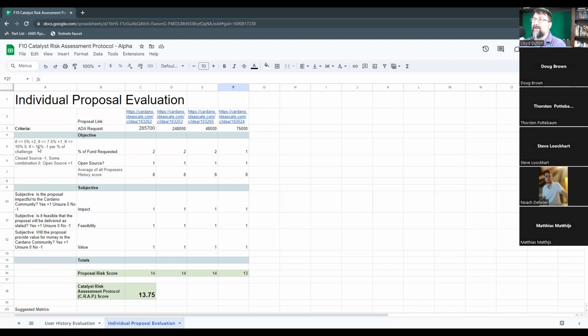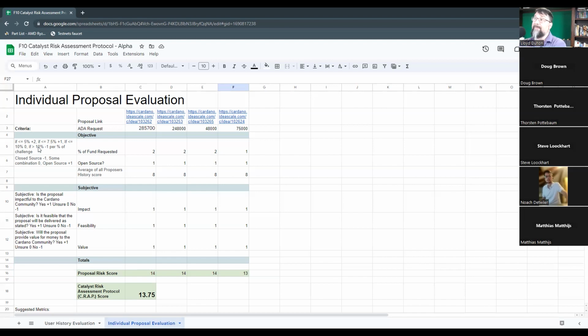So whichever's higher is going to be the one that gets you toward the negative numbers. So I think that's probably how I would do it. Even if it's 20% of the challenge setting, but the challenge setting is only 50,000 ADA, that would make it something like 2% of the total fund, or whatever, some minuscule number, 0.01% of the overall.